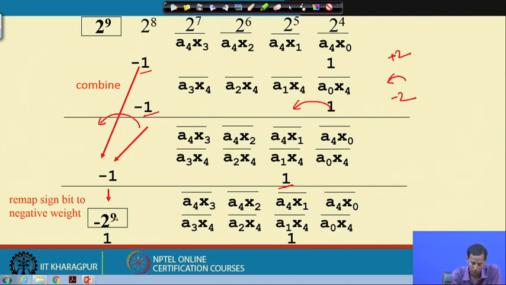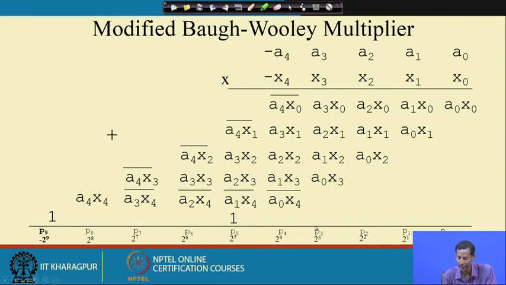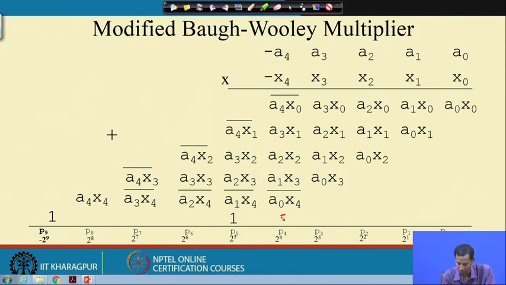So, that means 2 to the power 9 has the minus 1, and initially I was getting 1 at 2 to the power 4 position, but now it comes to this 5th position, because I am adding 1 and 1. So, that means 1 will come over here. So, what will be the final result? That means the final circuit. Then I can represent that at this particular position there is no extra term.